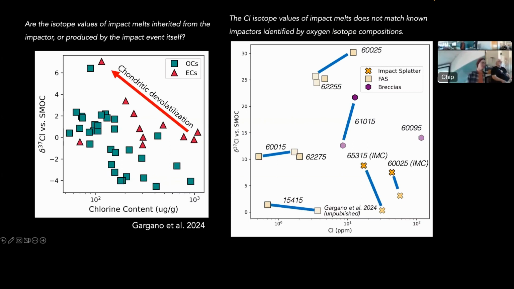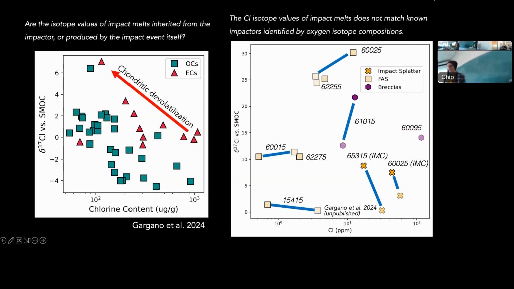Yeah, that works. If I understood correctly, what you've done here is measure pairings between the interior of a sample and one that has evidence of impact melt textures or material on the outside, and you found that there was a difference. Correct. But you didn't attribute it to impactor, but actually to process. Right.